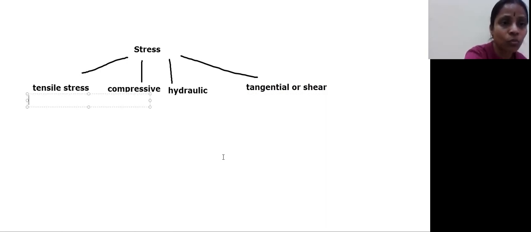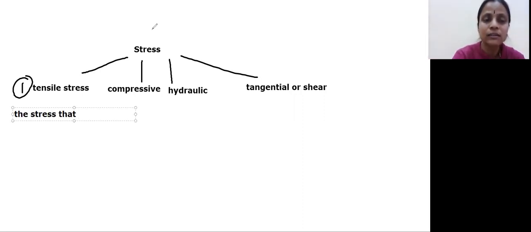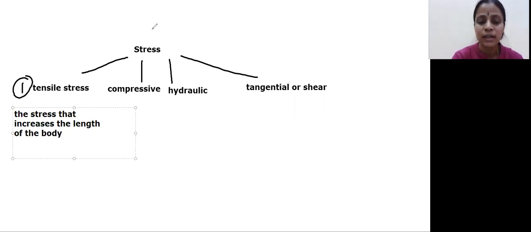We will take one at a time. The first one, tensile stress. If you apply a deforming force on the body in such a way that it increases the length of the body, obviously it is the tensile stress, like what you apply on a rubber band when you stretch it, right? So what's tensile stress? The stress that increases the length of the body is what we call tensile stress.